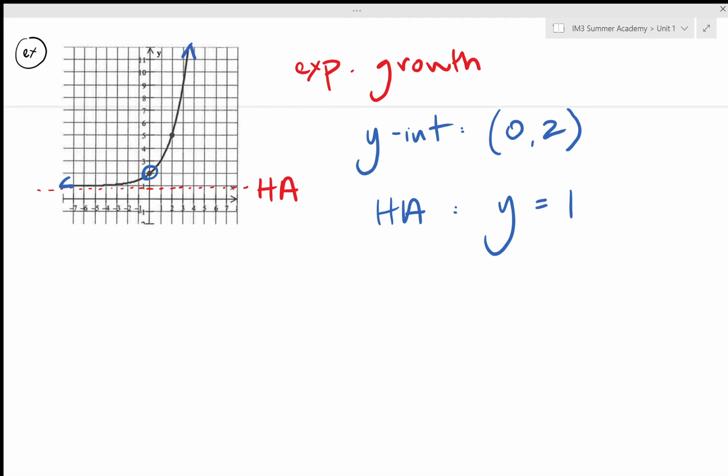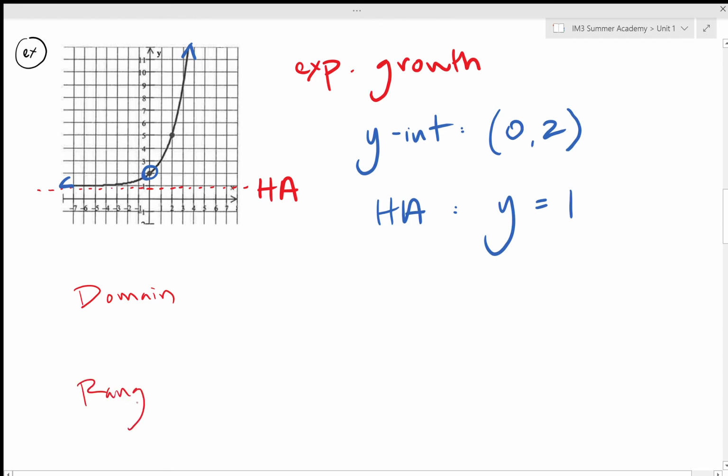Let's talk about domain and range now. All right, remember, domain is measuring side to side, range is up and down. Does this graph ever stop going to the left? No. The number off to the left is negative infinity.